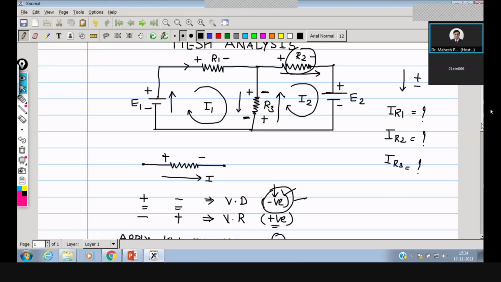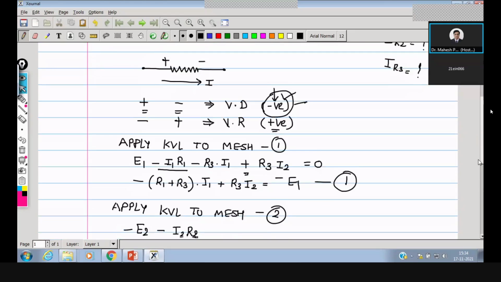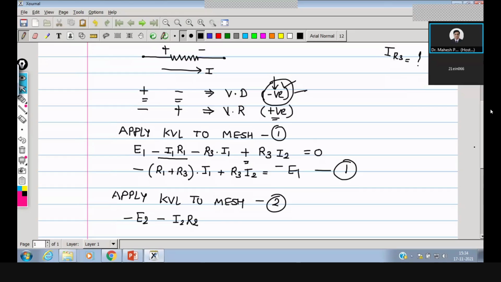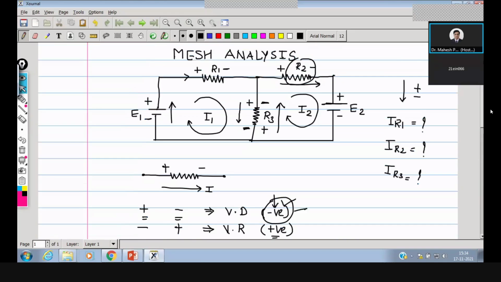Can anybody help me to write an expression here? Yes, sir. Okay. So this is the diagram. First of all, we will write due to current I2: minus R3 I2.